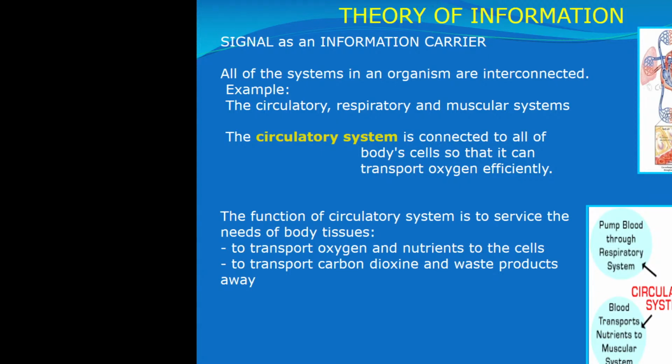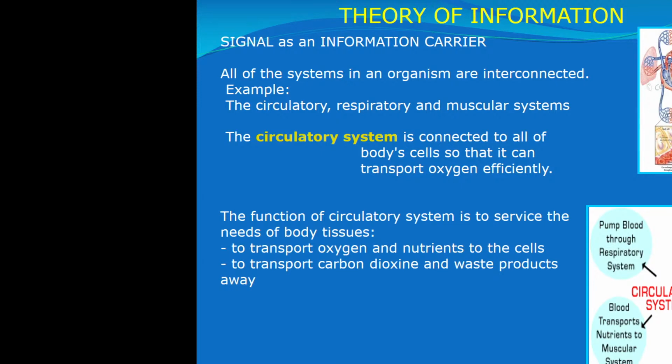According to the theory of information, at each level of organization, cells, tissues, organs, and organ system, structure is closely related to function. Cells work together to form tissues. Tissues work together to form organs, and organs work together to form organ systems.